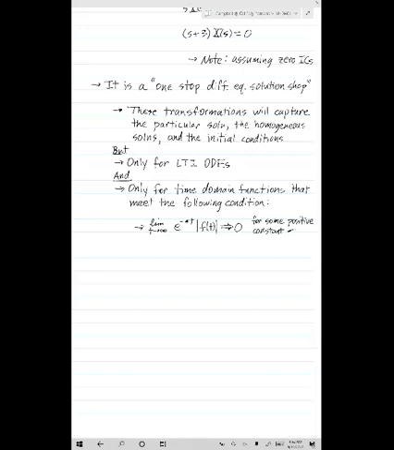Or we can see it the other way. Instead of a test, we can see it as a requirement. And since we will never work with time domain functions that violate this requirement, we can just assume, regardless of what the time domain function is, other than it meets this requirement, that this holds true.